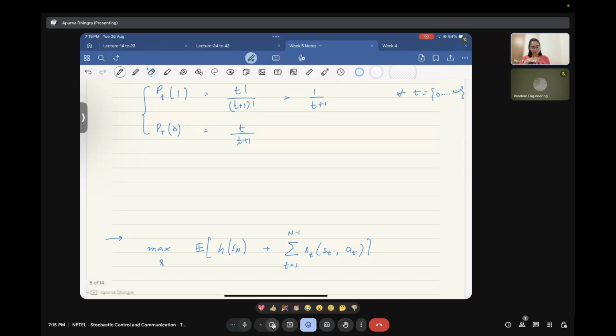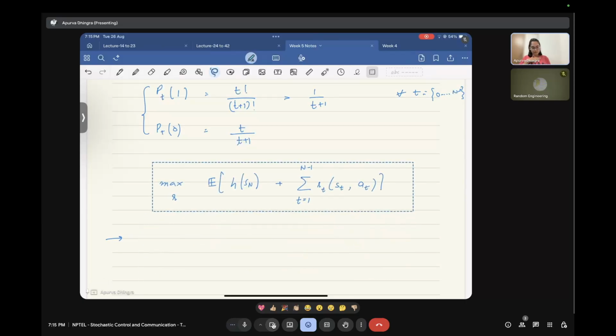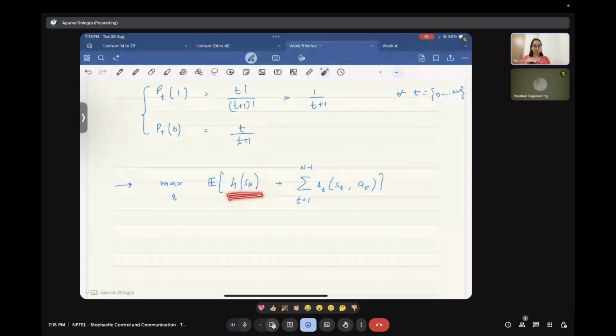What is this quantity? This is the overall reward. The first term is the terminal reward, and this is the reward in the other cases. The idea is to just maximize this.